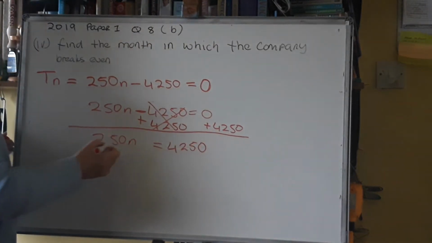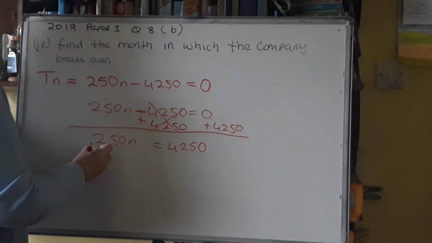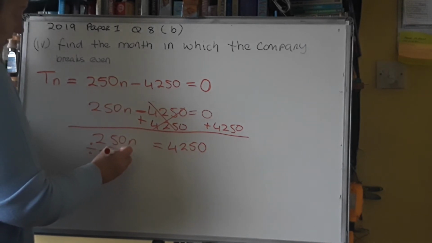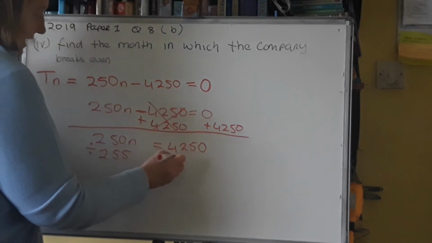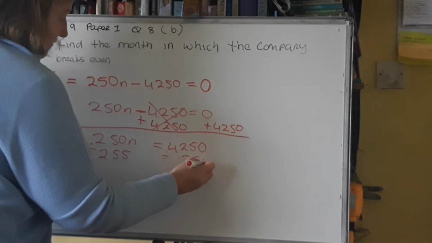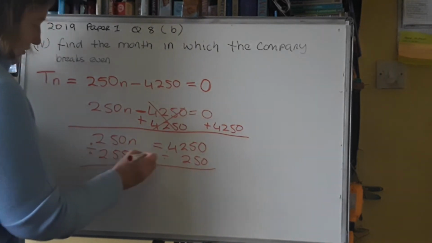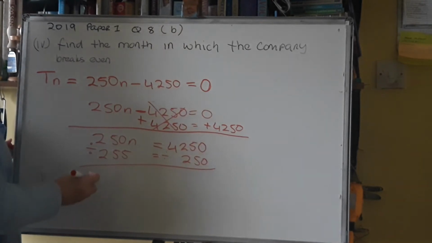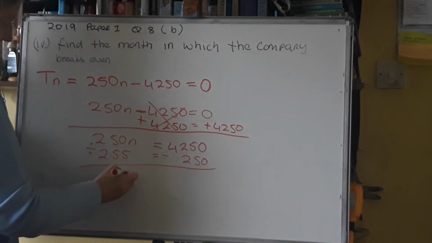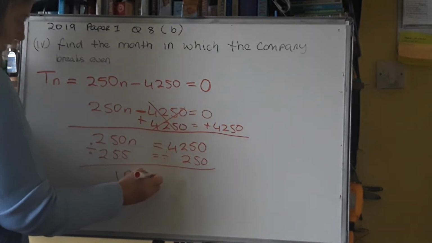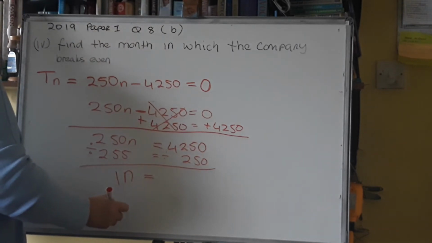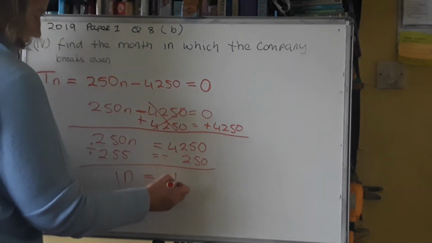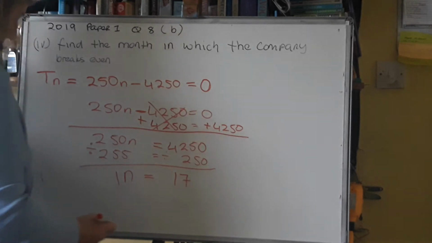4,250. Now, if that's what 250n is, to find out what 1n is, simply divide that by 250, divide that by 250, because whatever you do to one side of the equals, you always have to do to the other side of the equals, so you end up with 1n, and this n you're looking for is equal to 17.